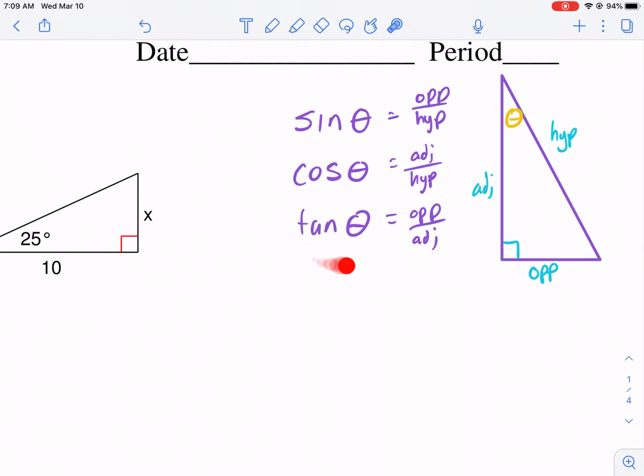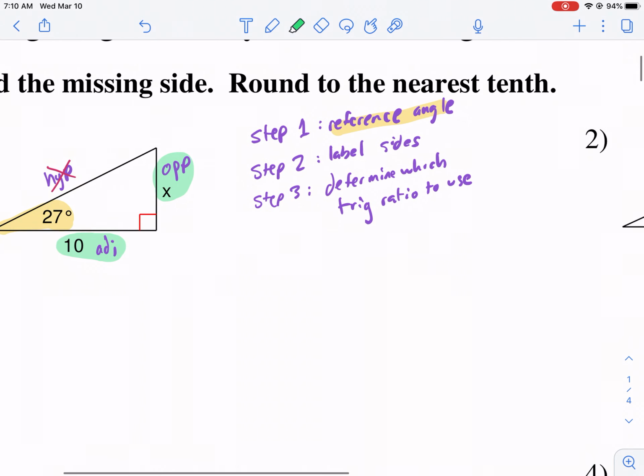Last one, tangent, opposite and adjacent. We're looking for the opposite side. We are given the adjacent side, so tangent is going to be our trig function that we use in this case. So the tangent of theta, again, is equal to the opposite over the adjacent.